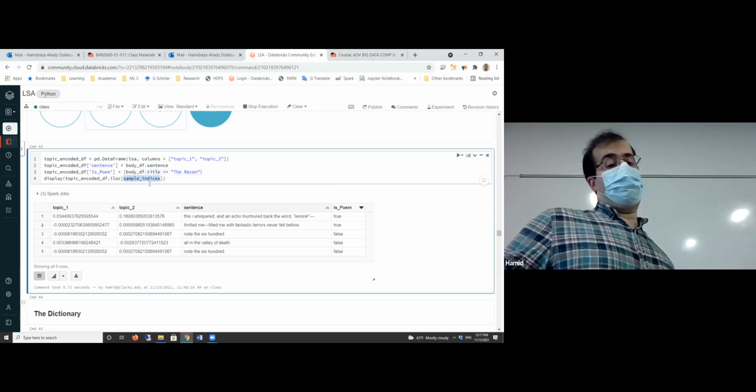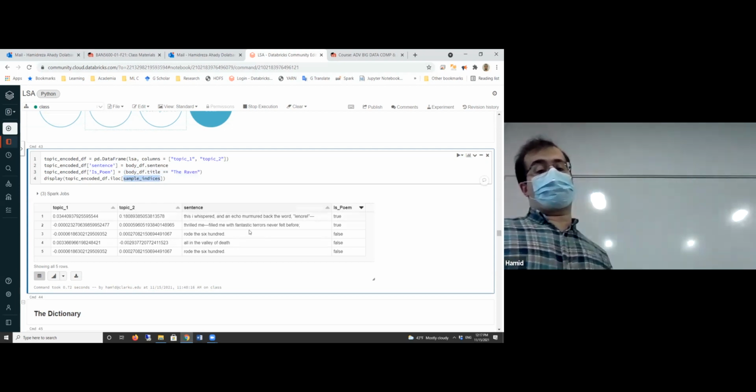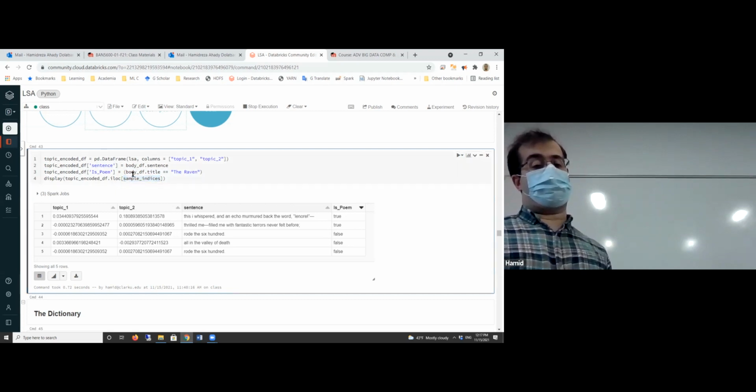And also, I already took 5 indexes, and I'm just showing those 5 sentences. Not actually random, actually the top 5. You can also later make random indexes, but it's just saying that, okay, we have 5 sentences.